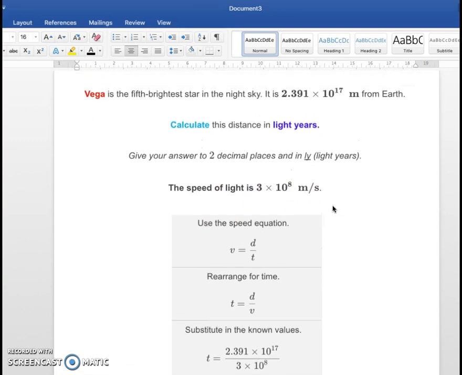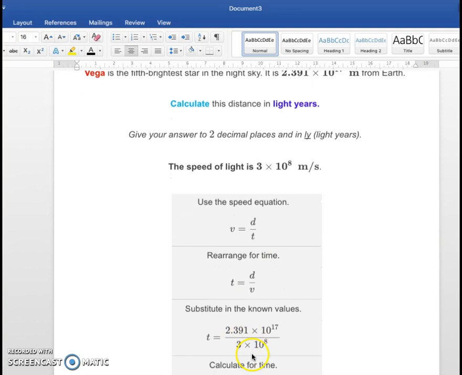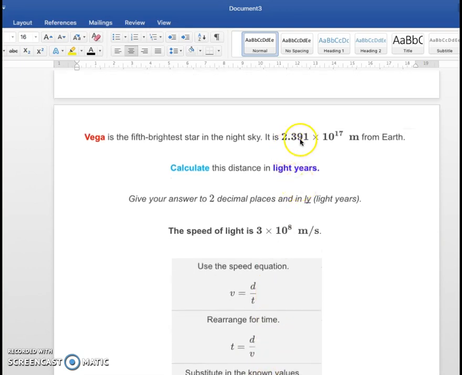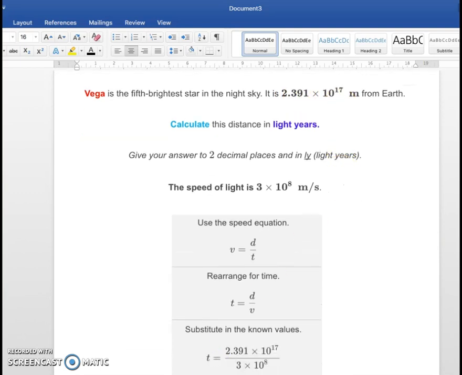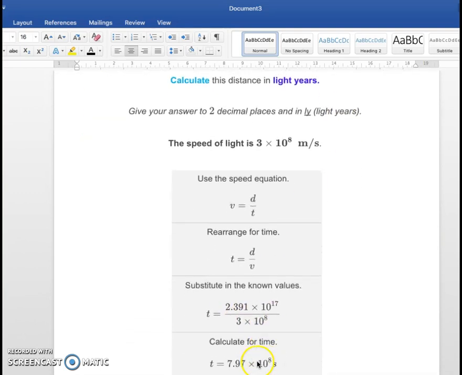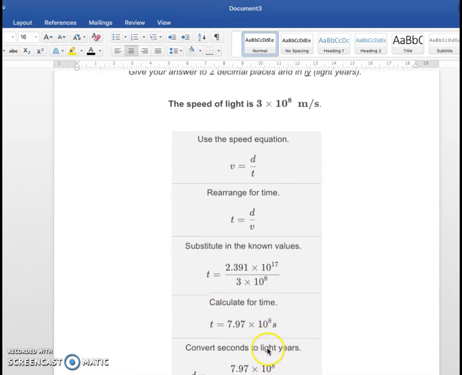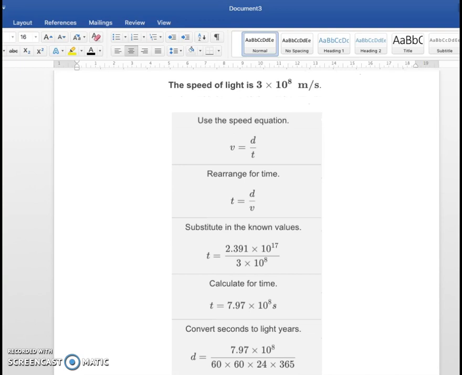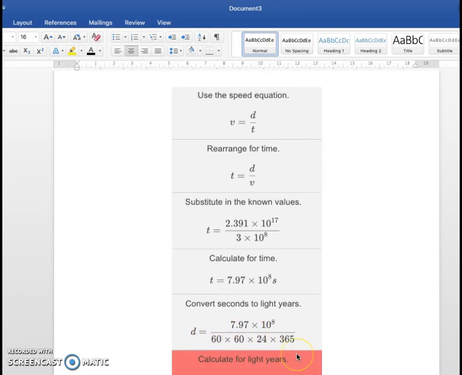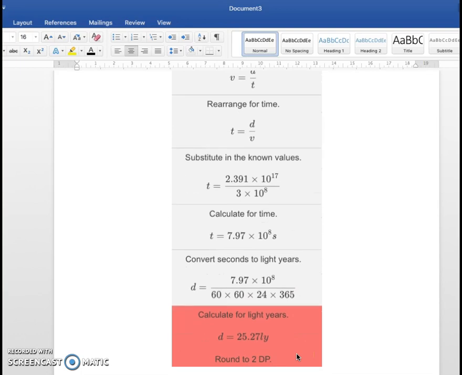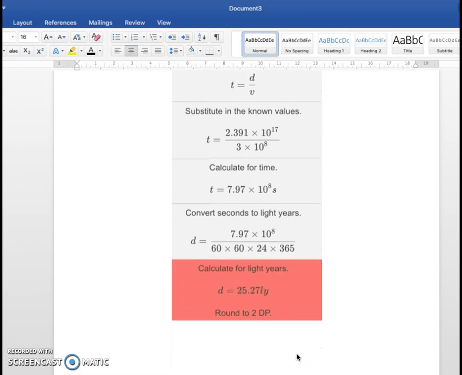So you're putting down your formula, you're rearranging it to find time in seconds, you're then putting in your known values, 2.391 times 10 to the 17 divided by the speed of light, calculate your time in seconds, and then convert the seconds to years and light years using this factor here. That will give you 25.27 light years.